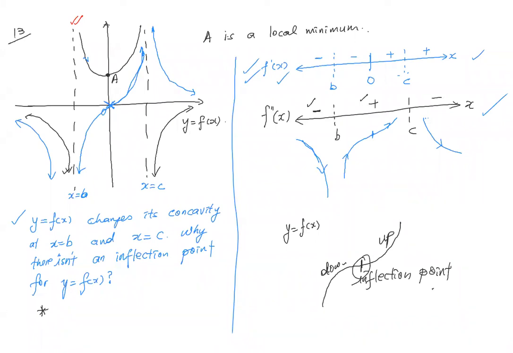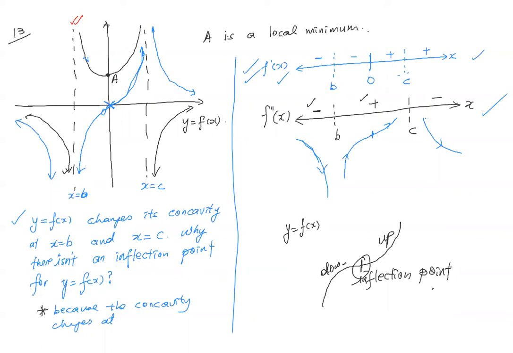You cannot just tell me that it changed, you have to tell me why there isn't an inflection point. So you have to explain like, because the concavity changes at where?